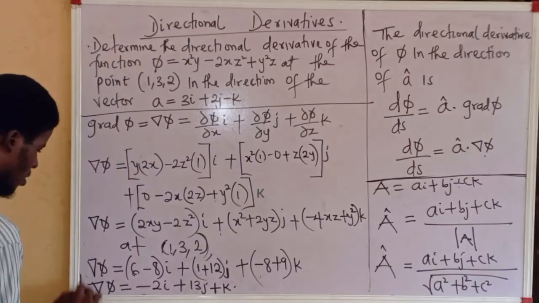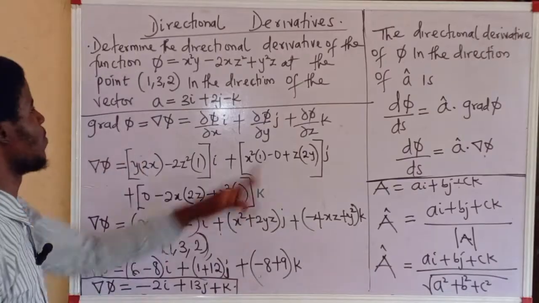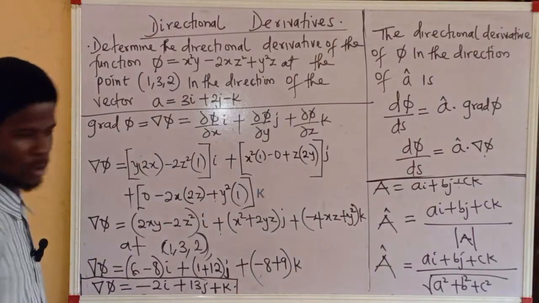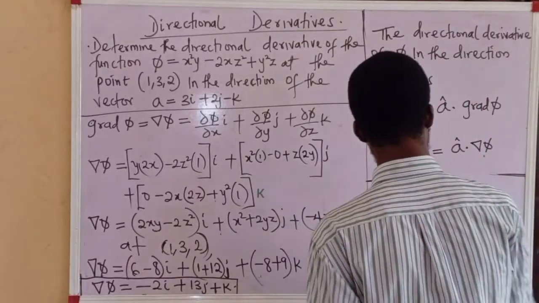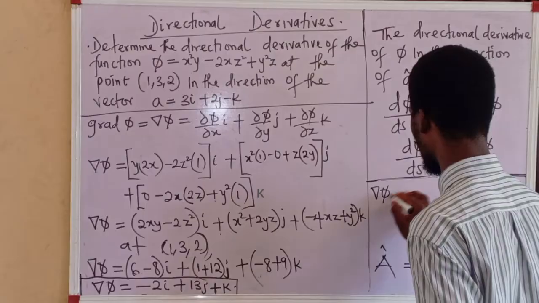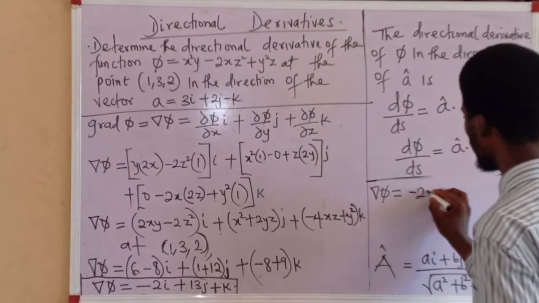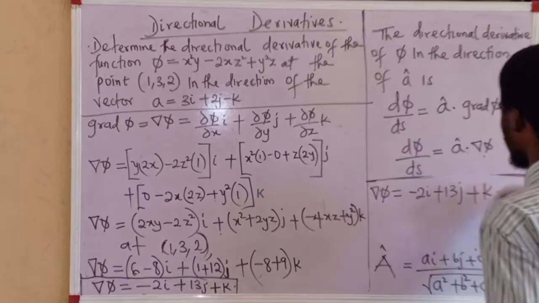So this is the gradient of the scalar field at this point. Let's keep this somewhere. Let me just put it here. We said the grad of phi is equal to minus 2i plus 13j plus k.